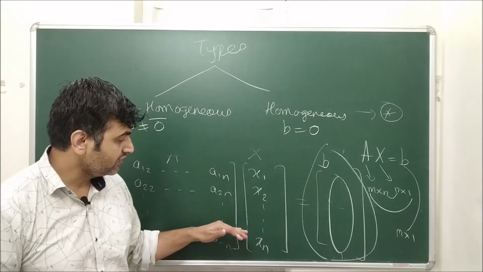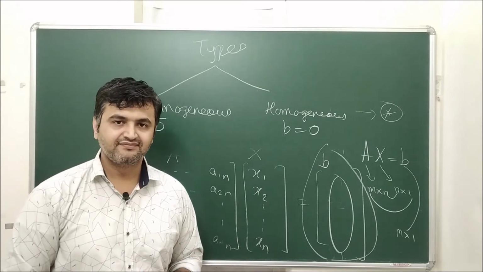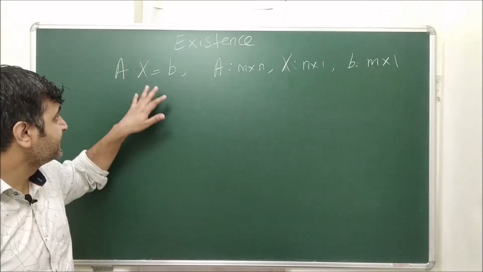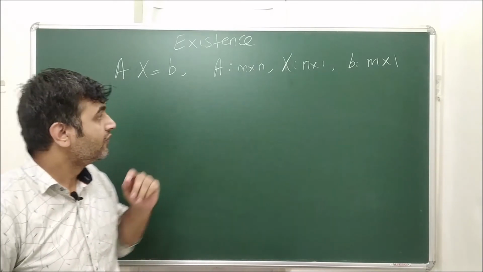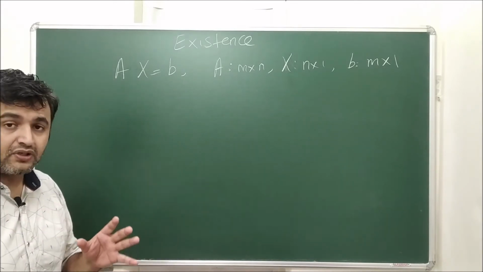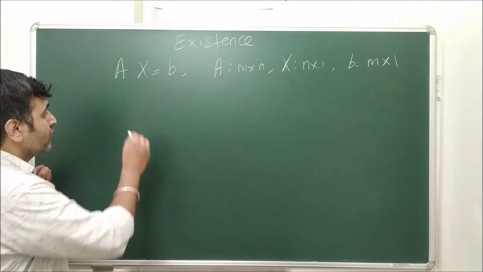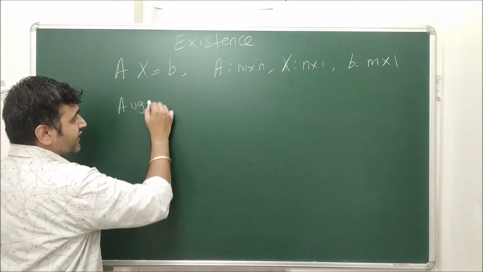When does the solution to this system exist? So now we have a system and we write the system in the matrix form. So this is the order which we already wrote. Okay, now there is one thing called an augmented matrix. Now what do you mean by an augmented matrix?